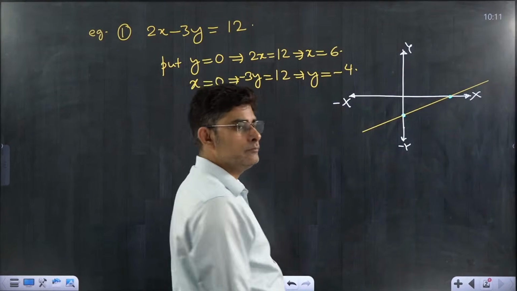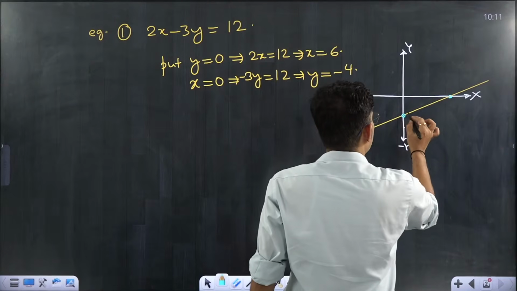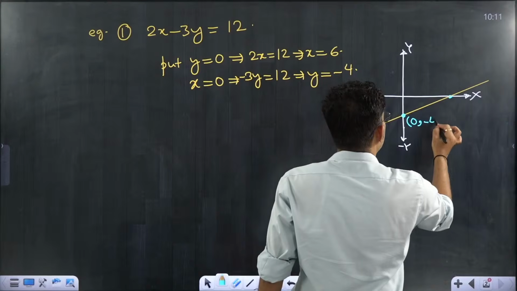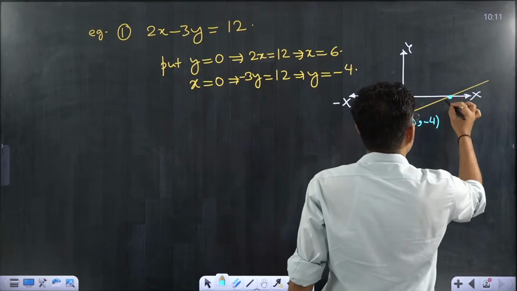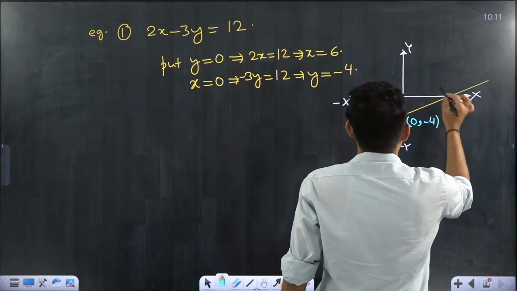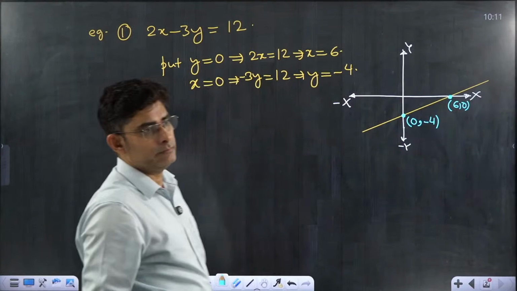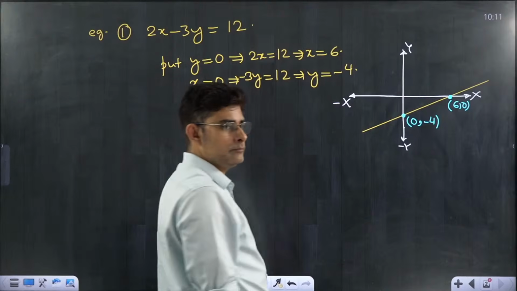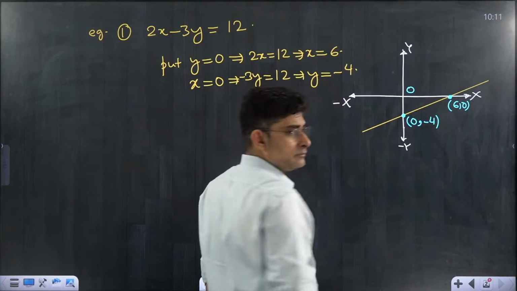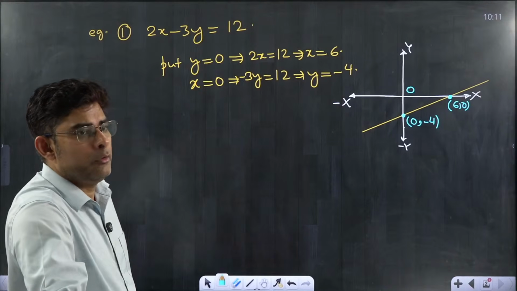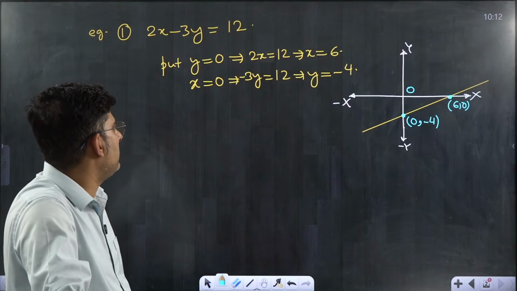that's it, you got. So this point coordinate is on y axis 0 comma minus 4. This point is on x axis 6 comma 0. So this is our required straight line. So y is equals to minus 4. I hope I have written that only.